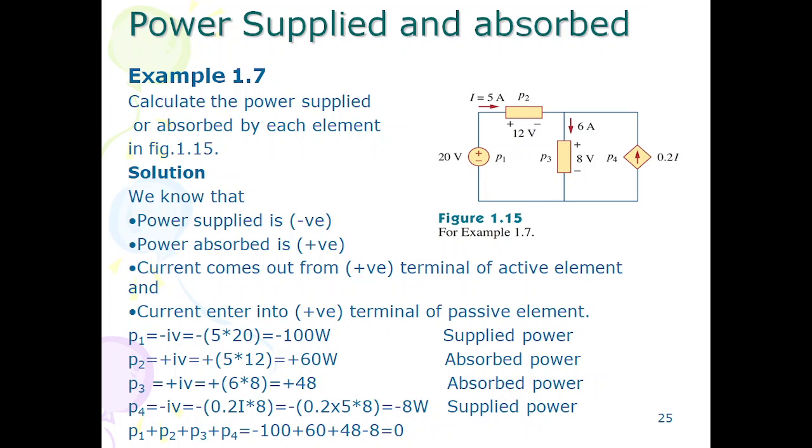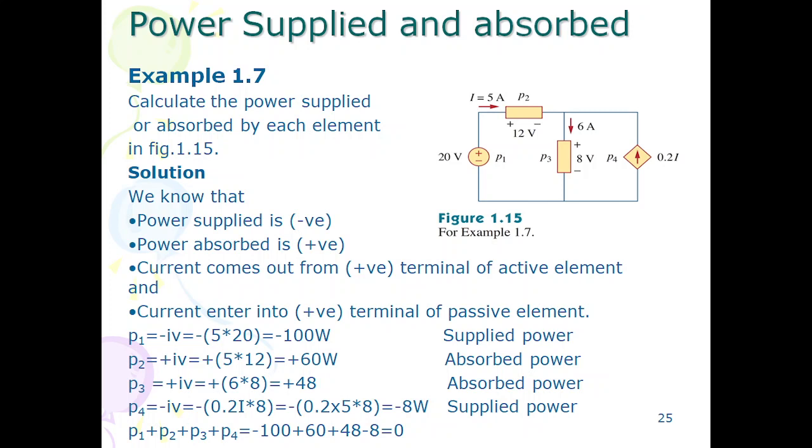P4 is basically a current controlled current source, 0.2I, where the value of I is 5 ampere. It depends upon the current 5 ampere. Now P4 is an active element, and it is a dependent source, and every source supplies power.